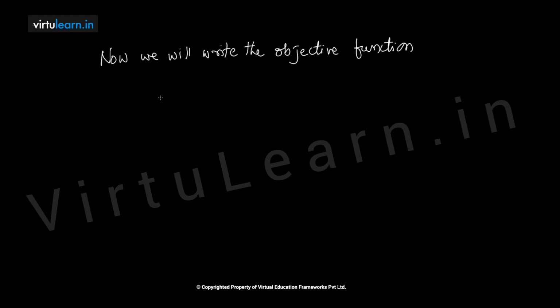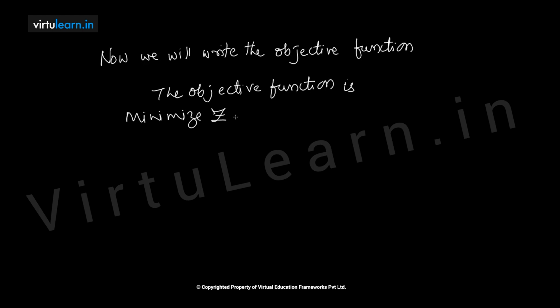So the objective function is minimize z equals 3x1 plus 5x2, the hiring charges, where 3 is the 3 lakhs hiring charge for P371.